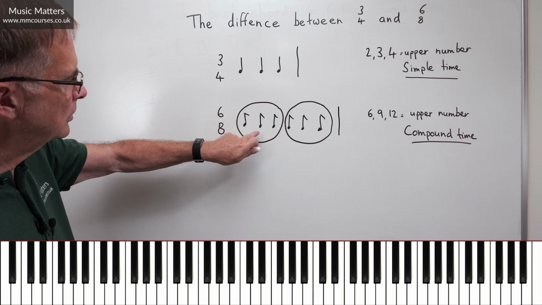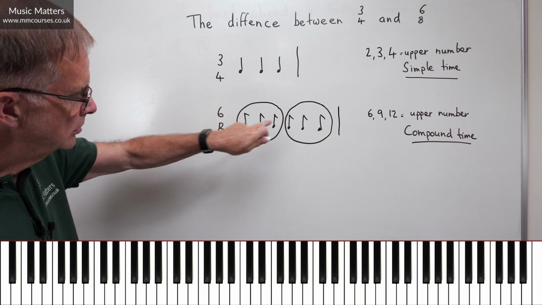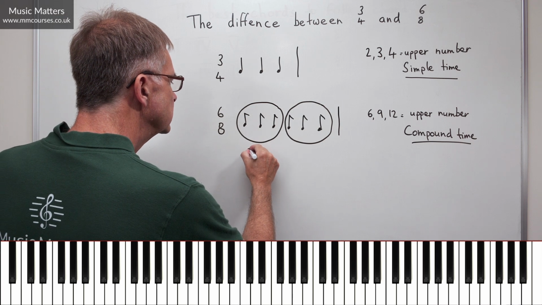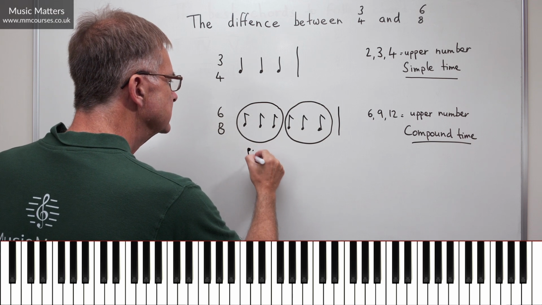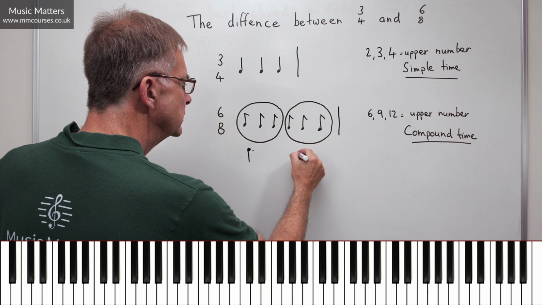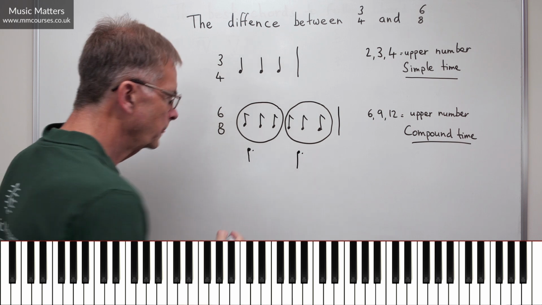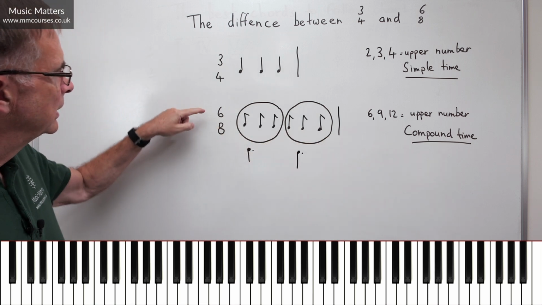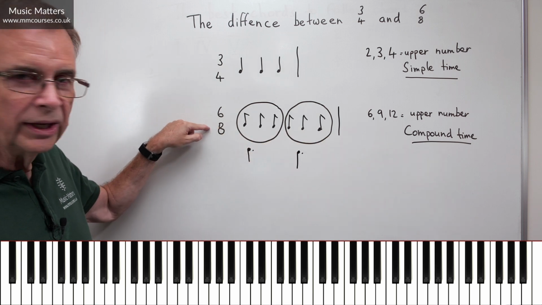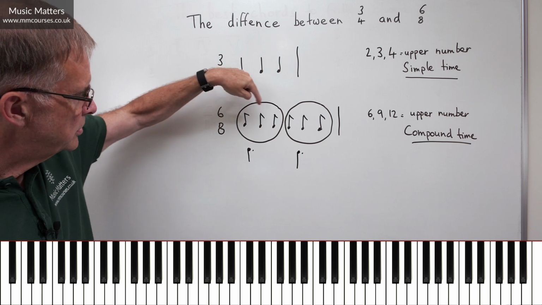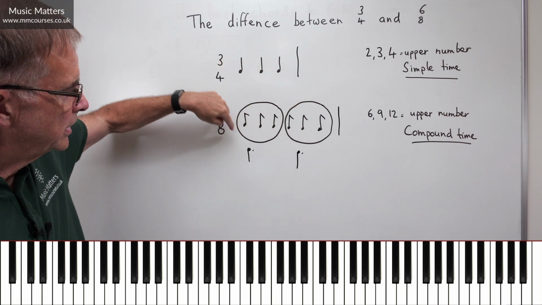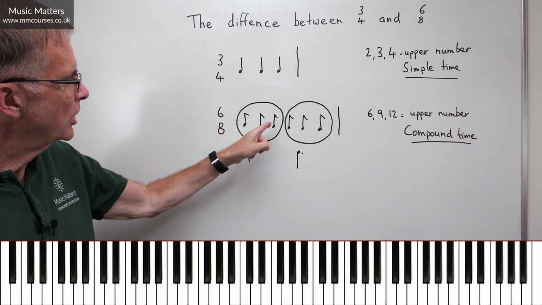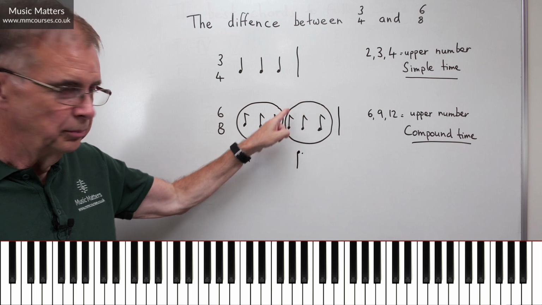Because what you then do is total the value of each group of 3. The first one is going to total this, and the second one is obviously going to total the same. So in compound time, 6/8, 6 quavers, 6 eighth notes in a bar, 1, 2, 3, 4, 5, 6, organize them into 2 groups of 3, then ask, what's the total value of each group of 3?